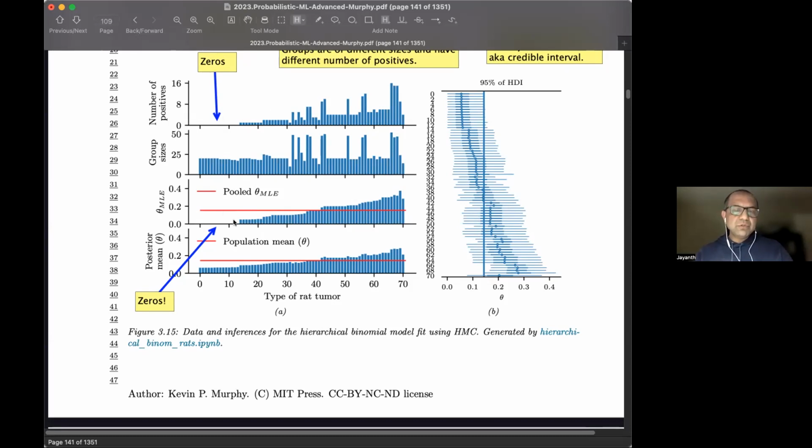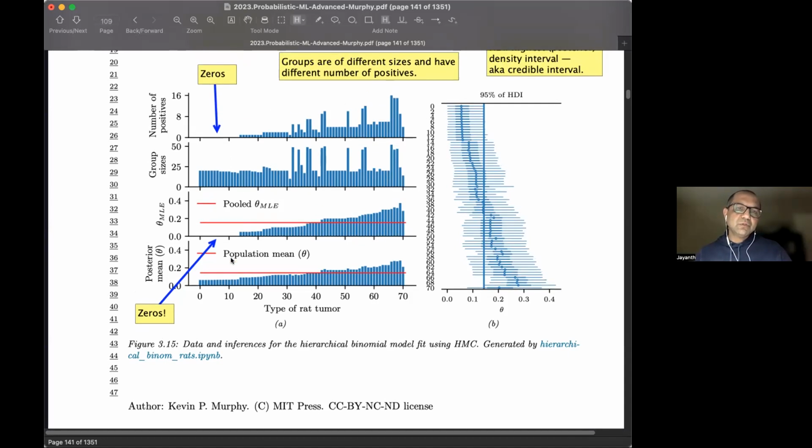But if you use the methodology given here, where you assume a psi that determines the theta, then you see that even for the cases where there are 0 incidences, we have a non-zero posterior mean, a non-zero value of theta.